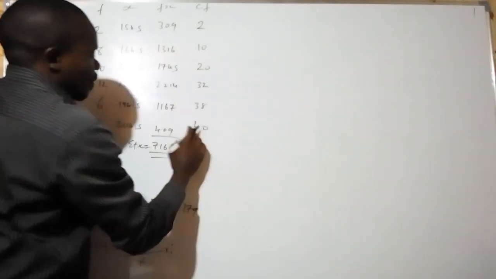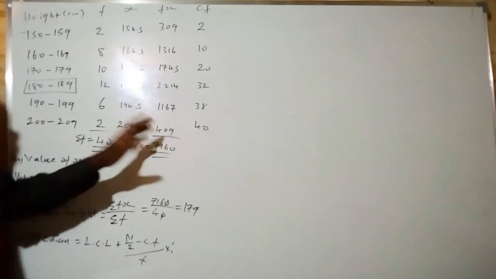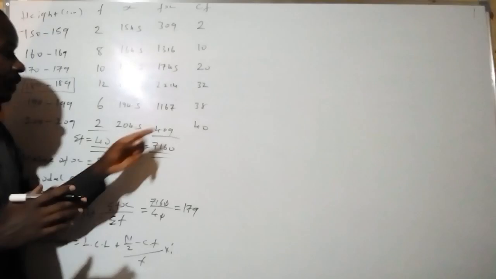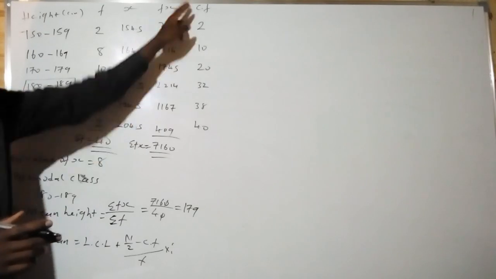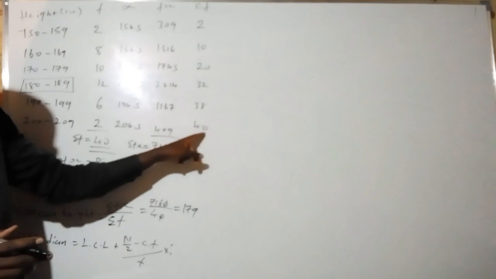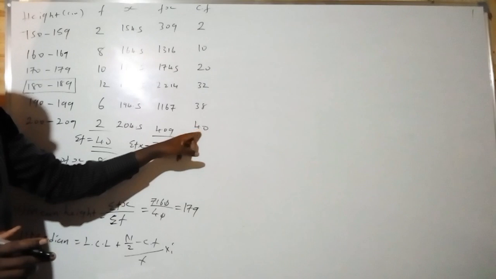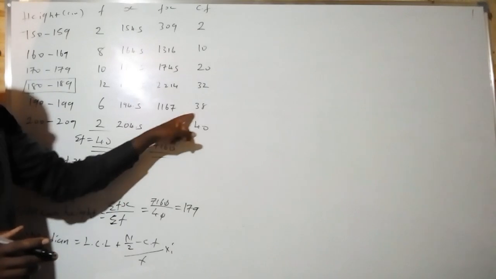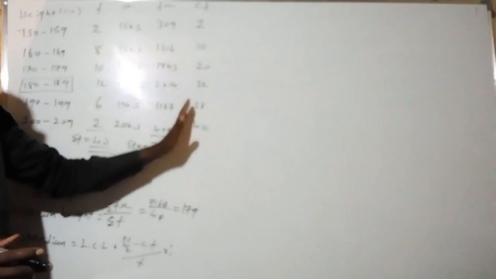Because we want to see where the median class lies, you come to the cumulative frequency total, this is 40, and you divide by 2. Once you have divided it by 2, you take the number you get and return to the cumulative frequency column to see where that number lies.